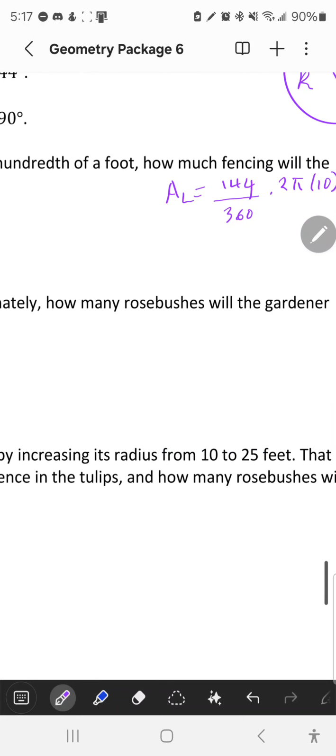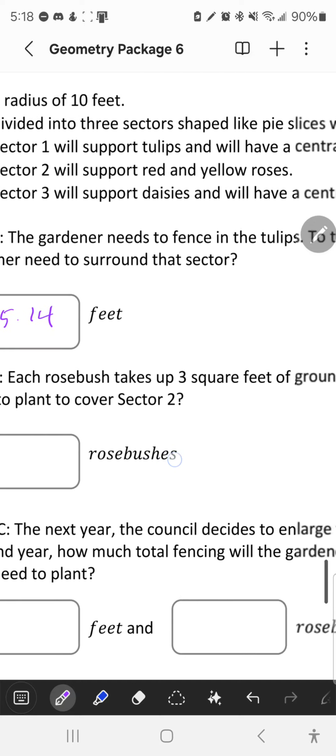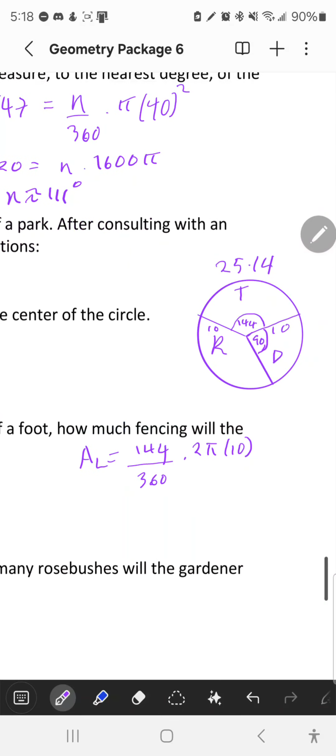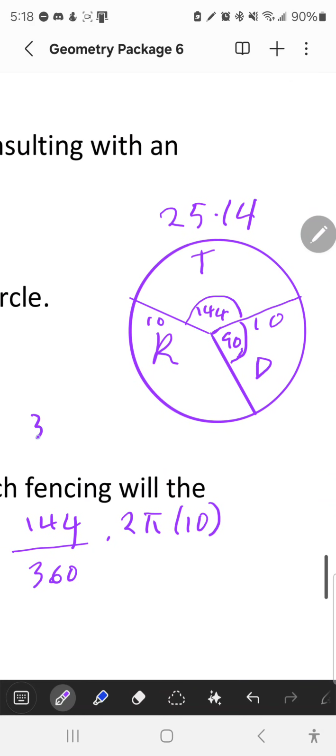Now B. Each rose bush takes 3 square feet of ground. Approximately how many rose bushes will the gardener need to plant to cover sector 2? Okay, we need to find the area of sector 2. Do we have the angle? No, but we have the angles of the other two, and we know that 360 minus 144 minus 90 will give me that angle.